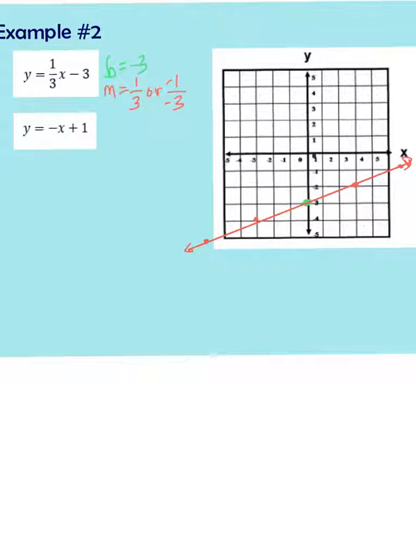Okay, so then I'm going to graph the second one. Now on this one, remember your coefficient is -1, so we're going to put -1 over 1. And then change both signs.